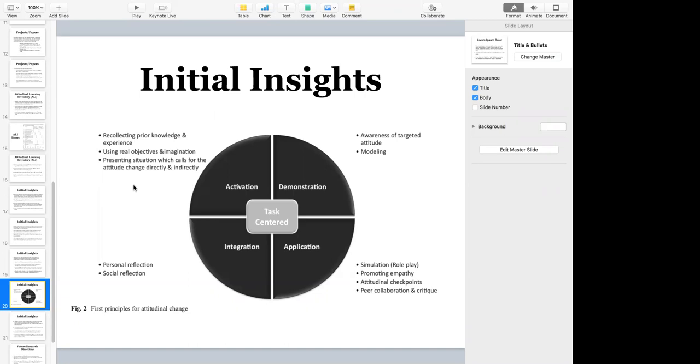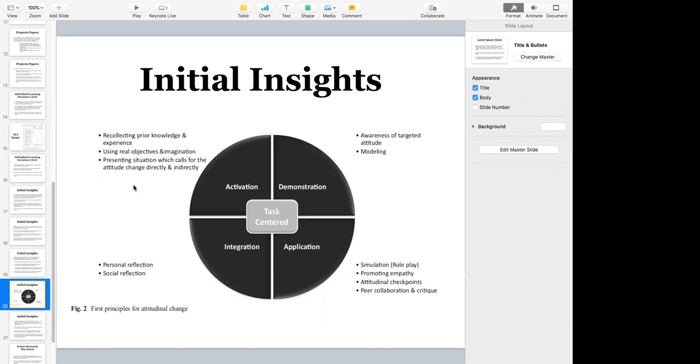So, in the bullet points, you will see that we have to create awareness and model behavior. We create role playing, promoting empathy, create peer collaboration and critique so you can reflect on it both personally and socially, and present different situations where the student is put into a task and into an active situation where they're required to have some fluctuation in their attitudes.